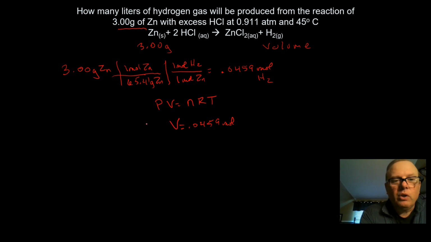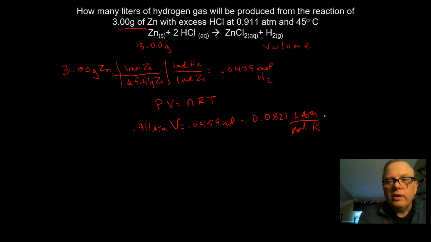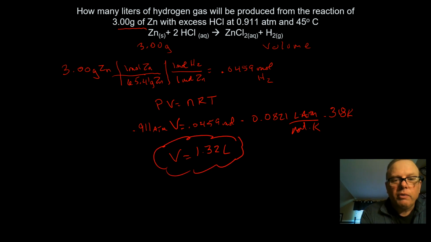The pressure given in the question is 0.911 atm, a little less than 1 usual, times 0.0821, the R constant, which is liters times atmospheres over moles times Kelvin, times our temperature, which is 45 degrees Celsius, which would be 318 Kelvin. And then I'm simply going to solve for volume, and volume here algebraically ends up equaling 1.32 liters. And that is my answer for the volume of gas.